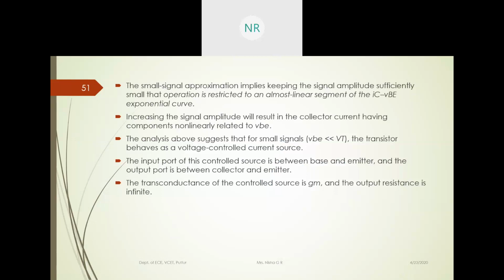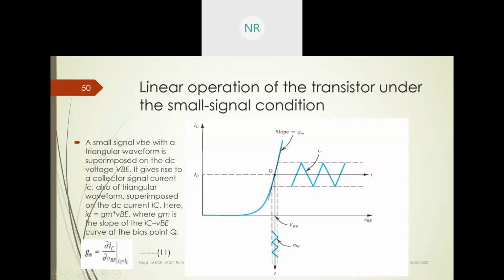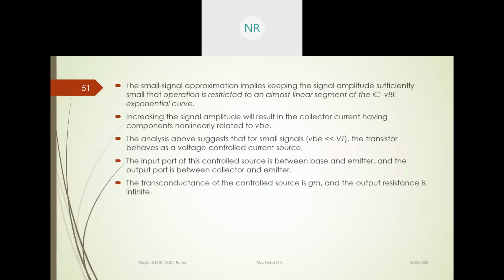For a small signal, the VBE value should be less than VT. From the graph we can tell the output is current and the input we applied is voltage. So this is the small signal model of the BJT, which is a voltage controlled current source.